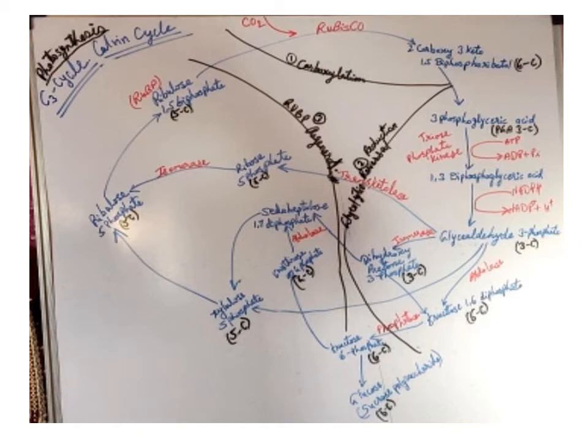In this, phosphoglycerate kinase converts PGA into 1,3-biphosphoglyceric acid. And further, with the help of various reactions and in the presence of various enzymes, it has been converted into a glucose molecule.